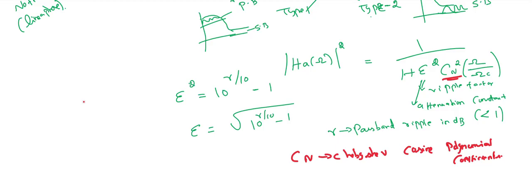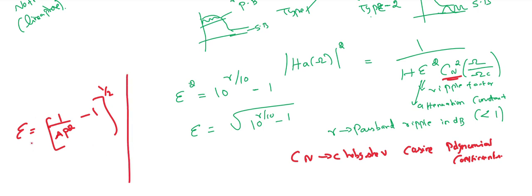Another formula I'll write, and depending upon the specification you can choose. If you refer to Nagarkar, it is 1 by Ap squared, the passband gain, minus 1, to the power half. So this formula also you can use. Here A is the gain at the passband edge frequency, the passband edge frequency omega p.